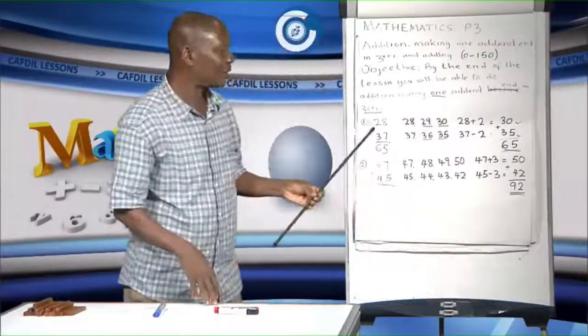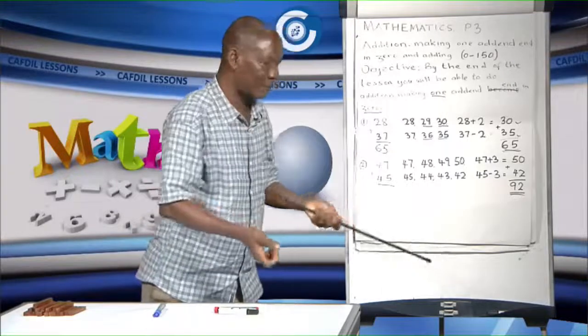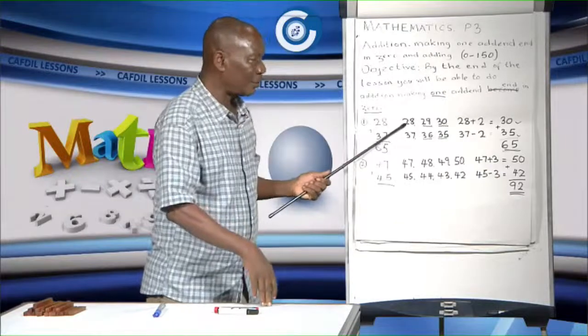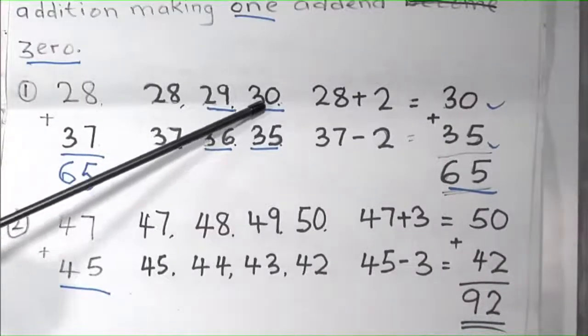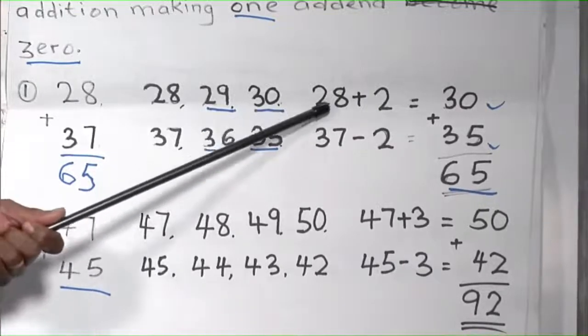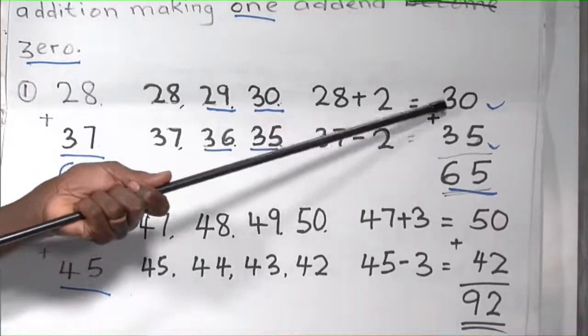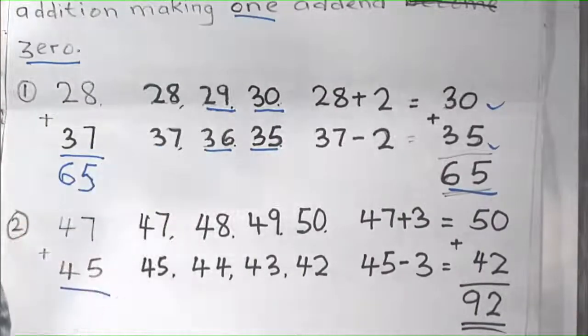From 28, what is the next number which will end in zero? 28, 29, 30. So two numbers are needed. Because of that, we say 28 plus 2, and that will give us 30. 30 ends in 0.